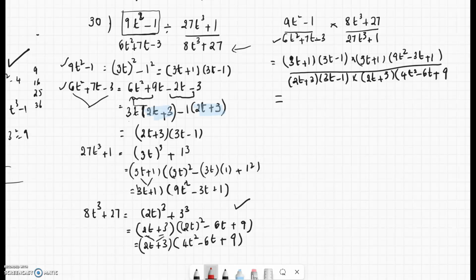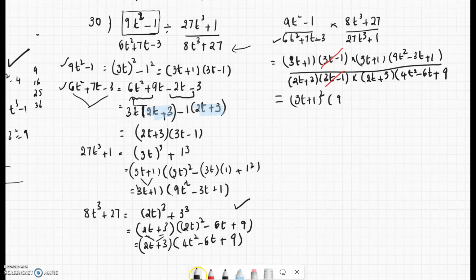Now we cancel common factors. Let's see what cancels. It's not much. Okay, so now we write down the expression. 3t plus 1 times 3t plus 1 is 3t plus 1 the whole squared.